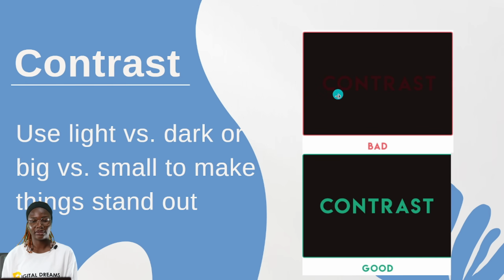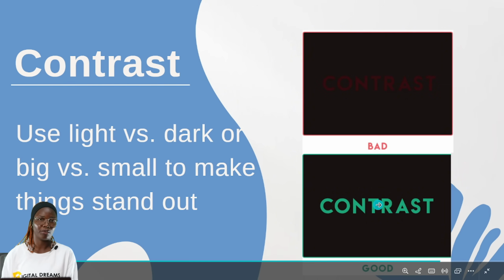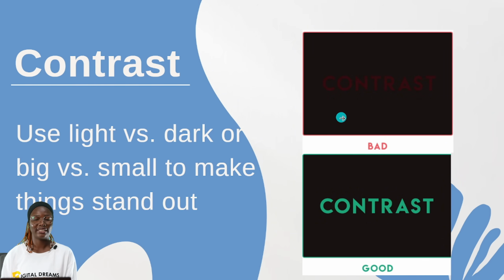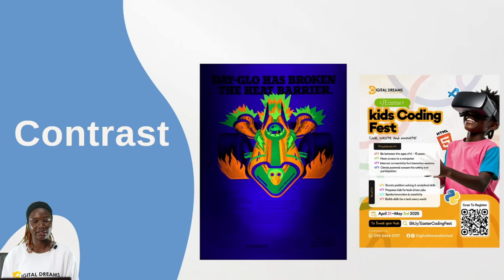Assuming now that this background that is black was white, you would have seen the contrast very well. But for this one, you wouldn't see it that well. So it's usually dark versus light. If you're using a dark background color, it's advised that you use lighter colors for your text. If you're using a light background color, it's advised that you use darker colors for your text or images.